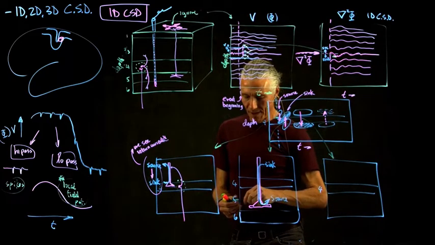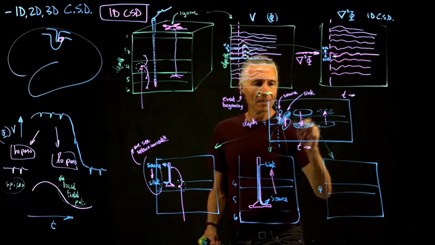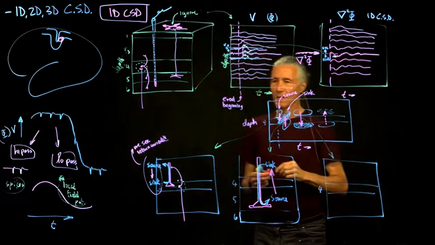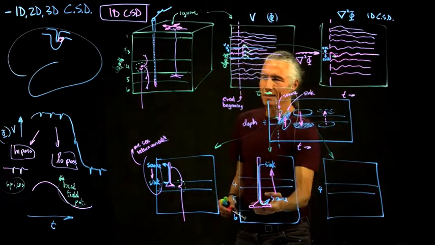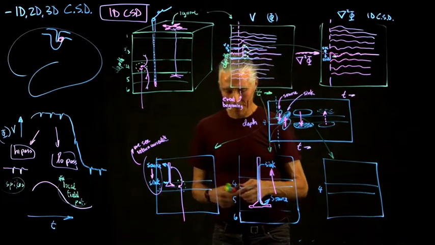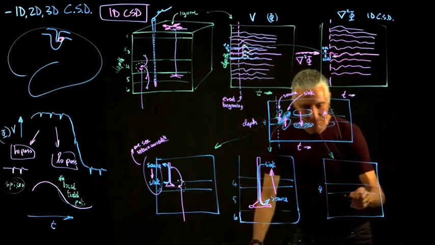So our current dipole is going that way. The source of the return currents is down here, and they're going into the sink up there.